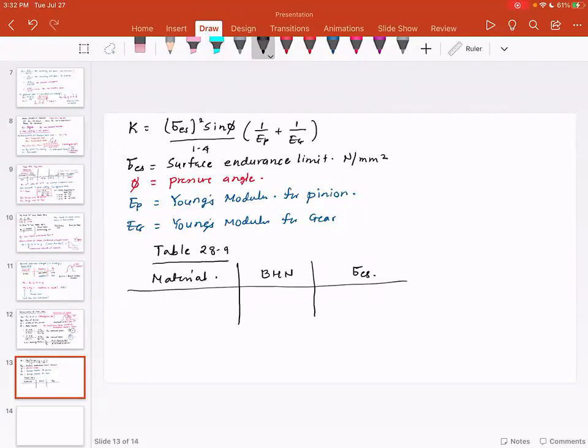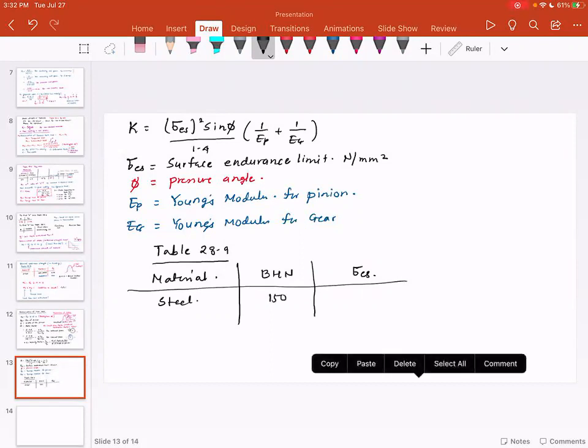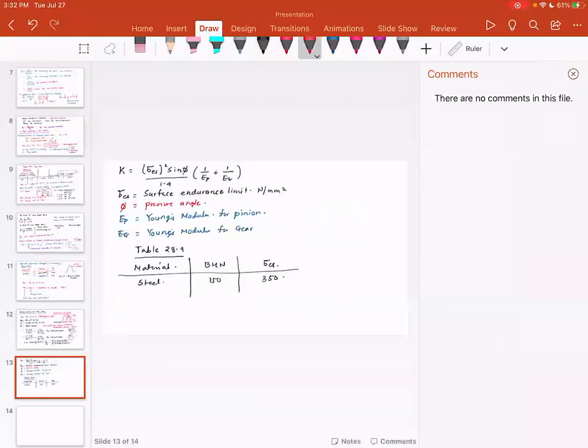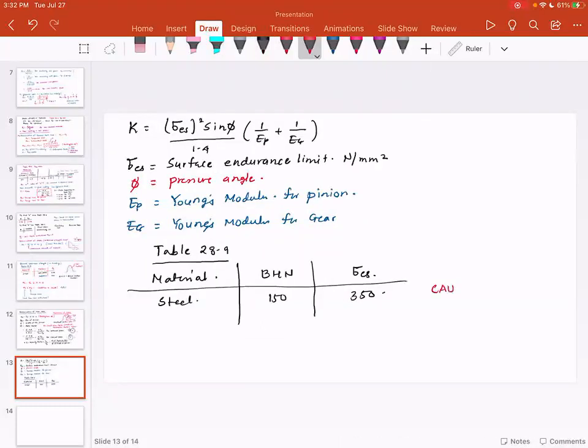For example, if the material is steel, the Brinell hardness number is 150, and then sigma ES is equal to 350. Now, here is something I want you to be cautious about.